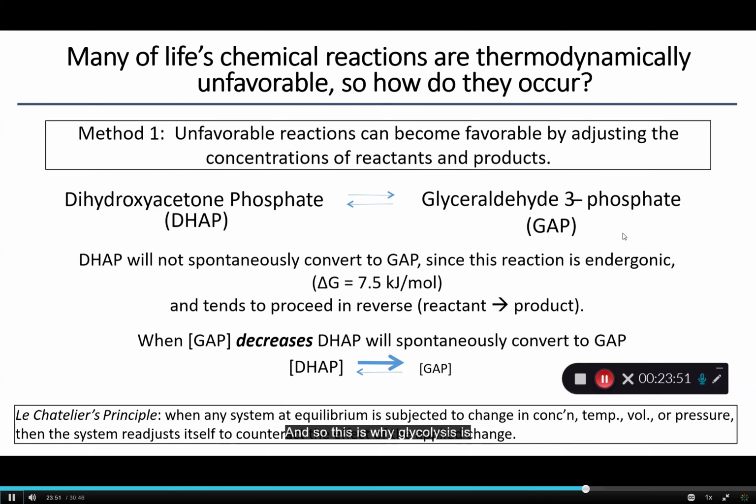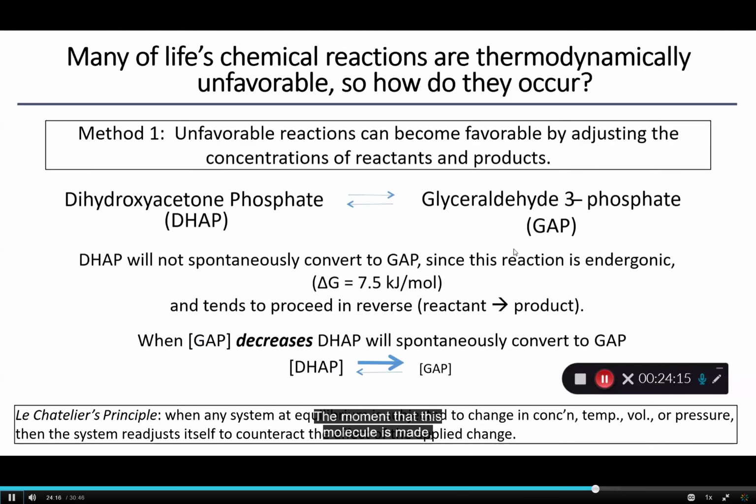And so this is why glycolysis is part of a biochemical pathway. As I mentioned before, this molecule is the one that's allowed to continue on in the remaining, I think, 5 steps of glycolysis. This one is the result of the previous 5 steps, and we have to convert between these two.